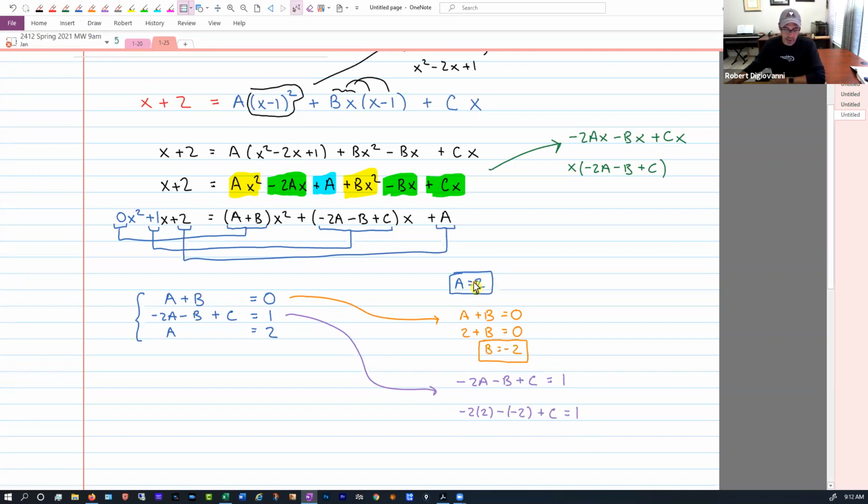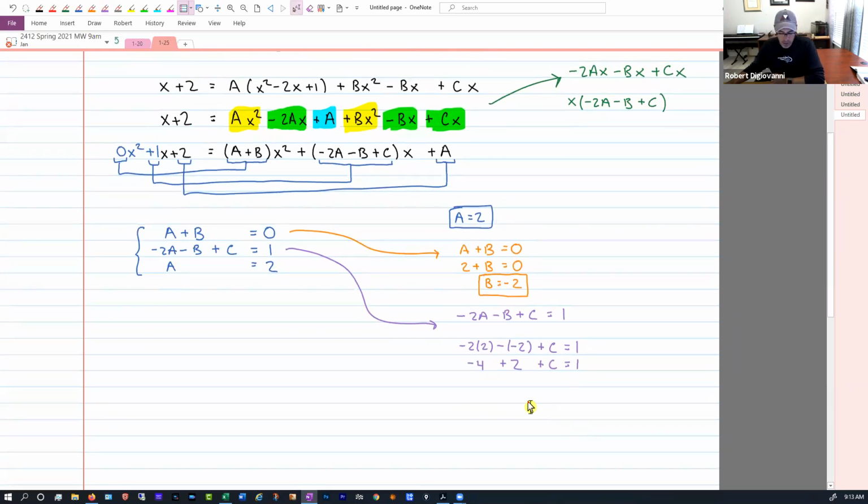So that's just me plugging in the a and the b into that second equation. This becomes negative 4 plus 2 plus c equals 1. So that becomes negative 2 plus c equals 1. And if we add 2 to both sides, we get c is 3.